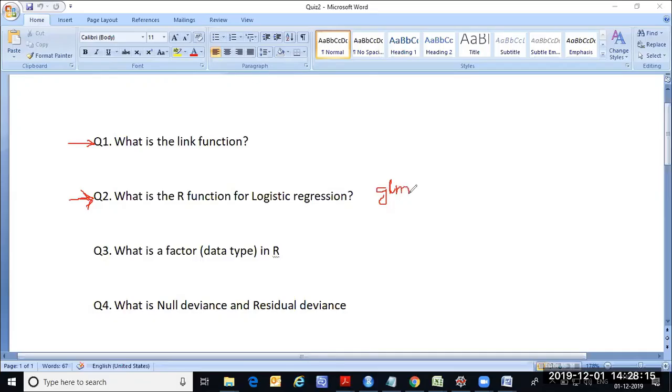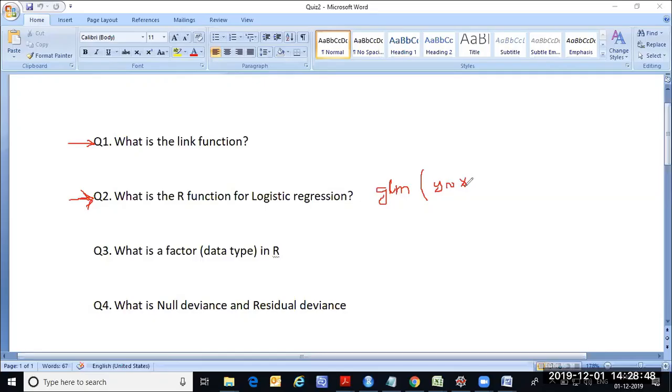What are the arguments we pass in for GLM? GLM of y tilde all input variables. If it is a single variable, only x.